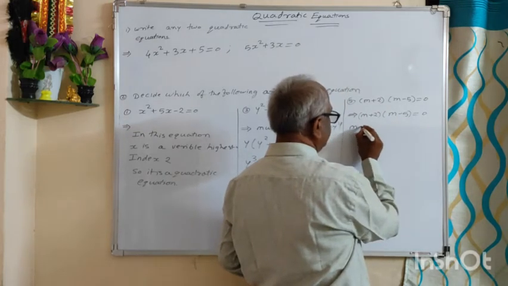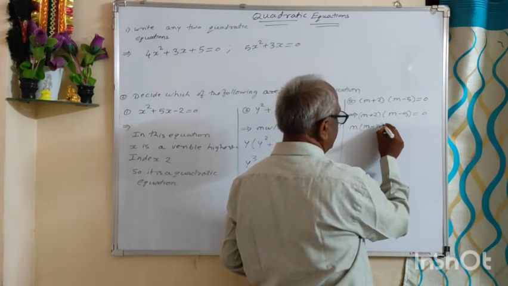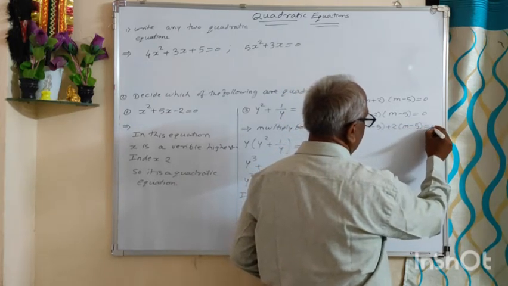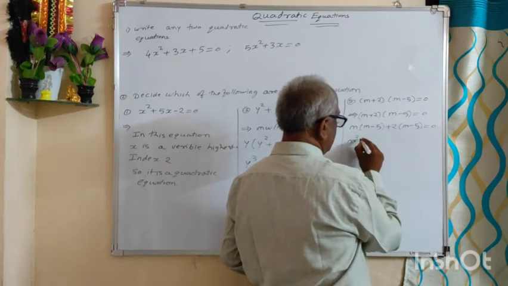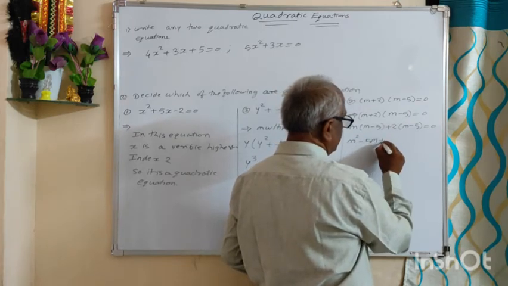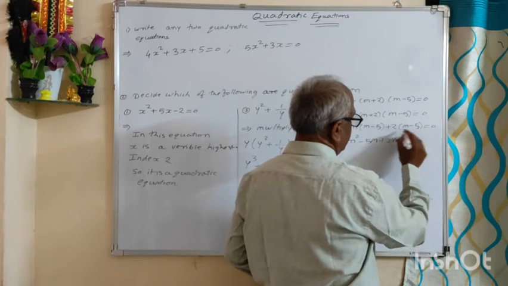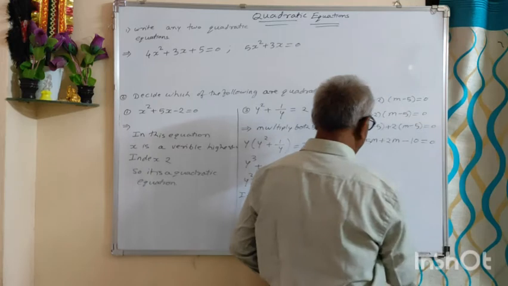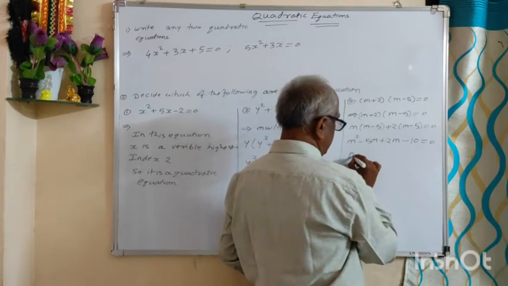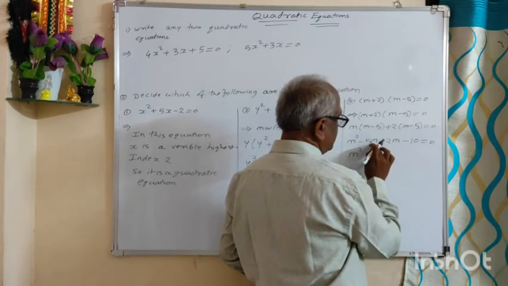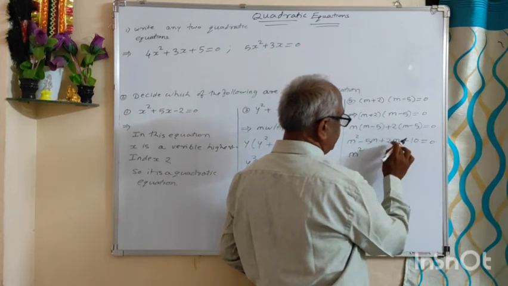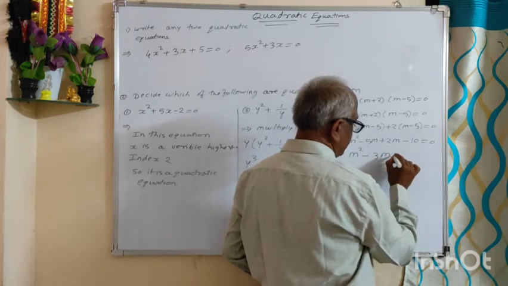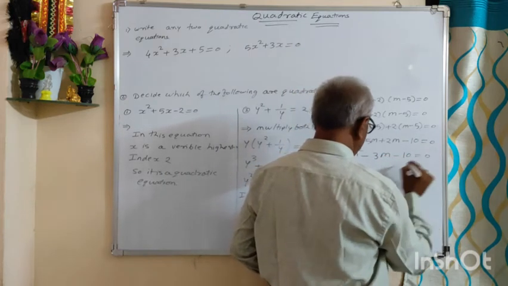Solve the bracket. m in bracket m minus 5 plus 2 in bracket m minus 5 is equal to 0. m square minus 5m plus 2m minus, plus into minus is minus, 5 twos are 10, is equal to 0. m square minus 5m plus 2m, subtract it but keep the greater number sign, that is minus 3m minus 10 is equal to 0.